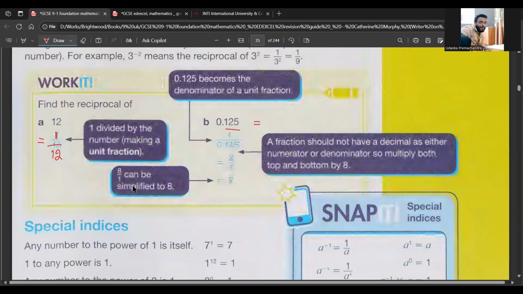There are 3 decimal places, so it is 125 over 1000. What is the reciprocal of this one? You can change up and down. So it is 1000 over 125. How many 125 for 1000? There are 8. So the final answer should be 8. Can you write down these two also? That's a reciprocal.